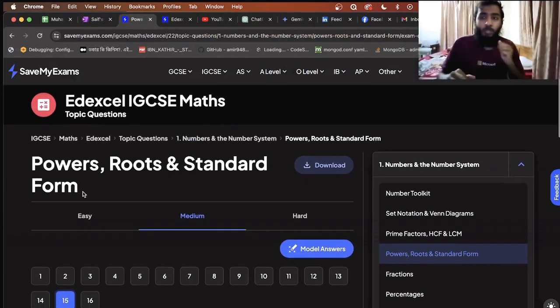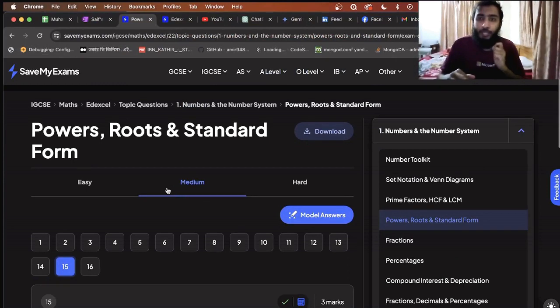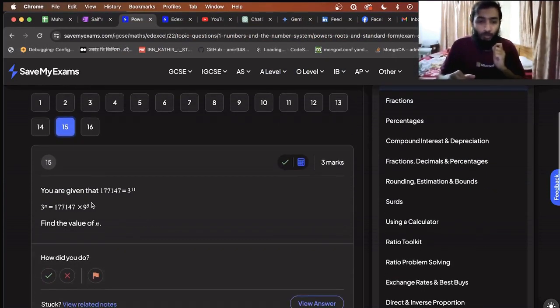Now I'll focus on problem number 15 of the medium category of powers, roots and standard form. Let's read the question. You're given that 177147 equals 3 to the power 11. There is also an equation: 3 to the power n equals this number multiplied by 9 to the power 5.